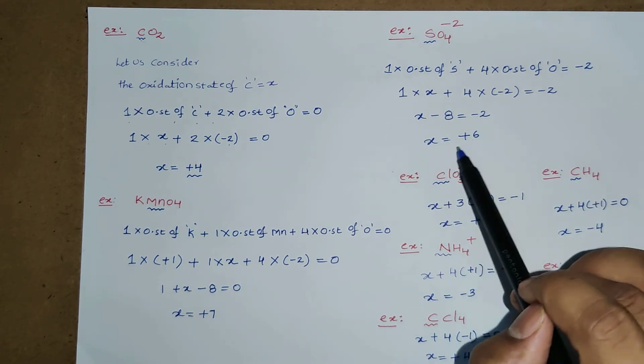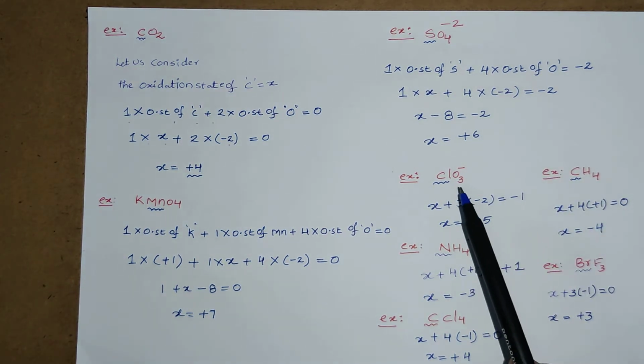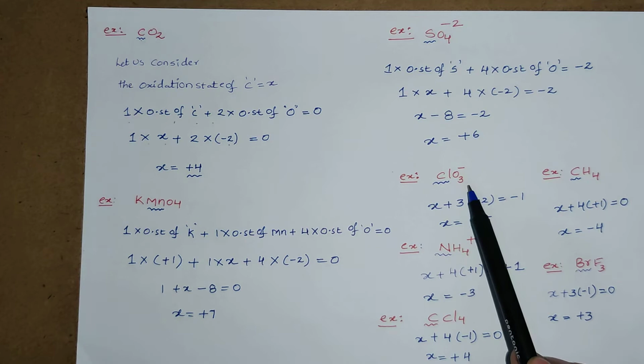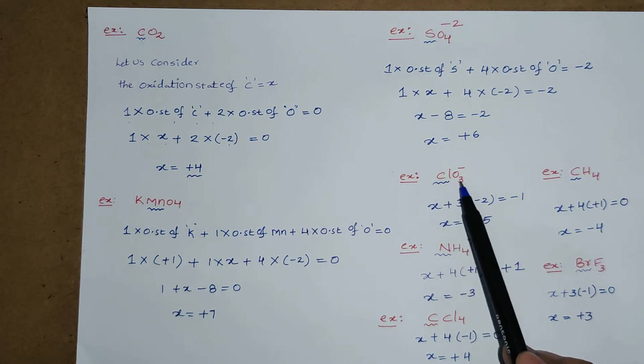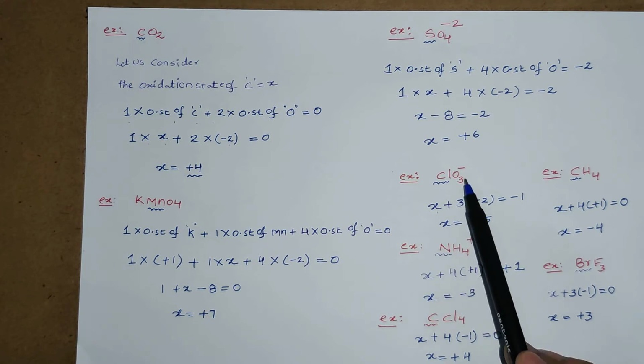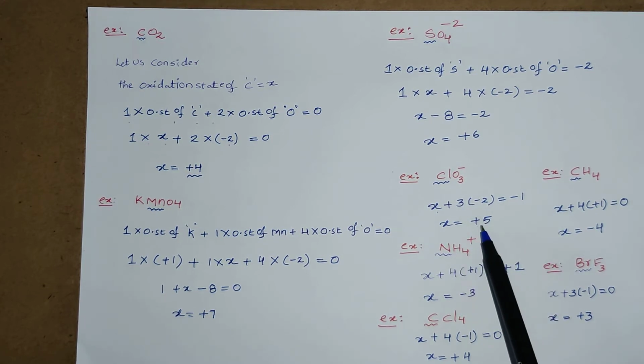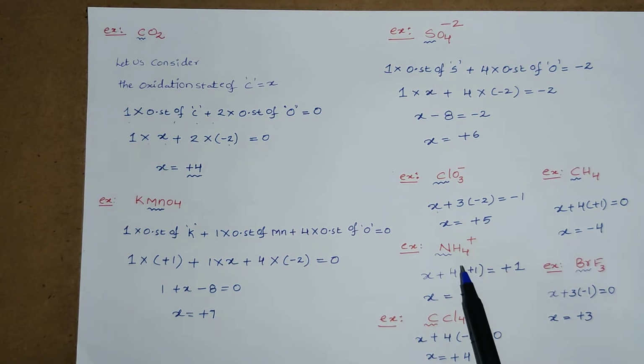Then by solving that one, we get X is equal to plus 6. Similarly, ClO3 minus 1 is there. Here also the sum of the oxidation state of all the elements is equal to minus 1. Chlorine is X, oxygen is 3 into minus 2, that is equal to minus 1, then X is equal to plus 5.